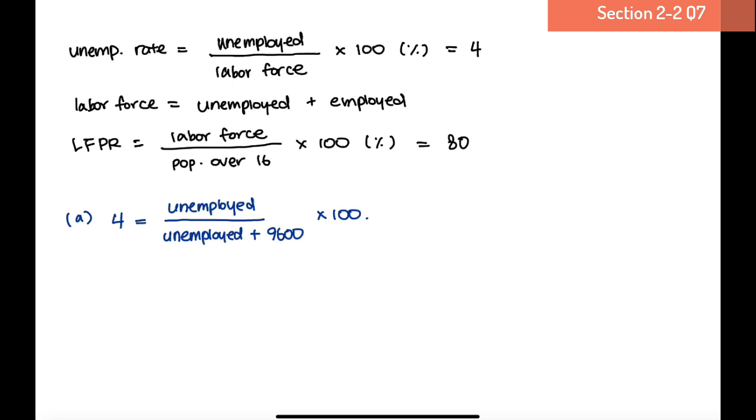I'm going to multiply both sides by the numerator, which is unemployed plus 9,600.